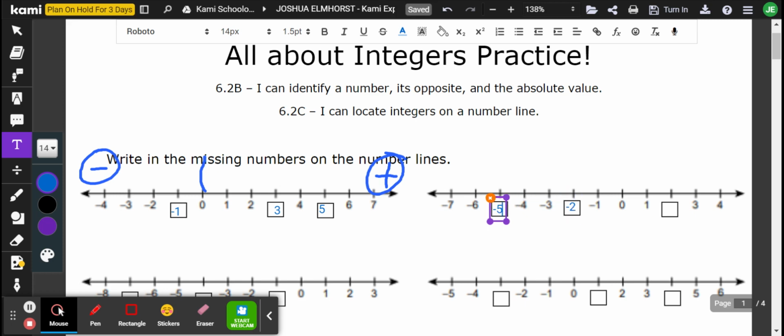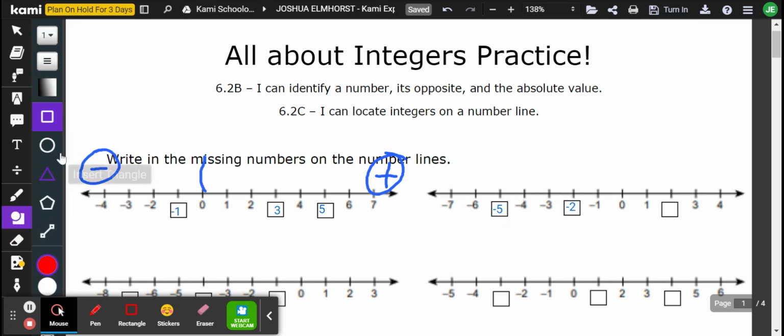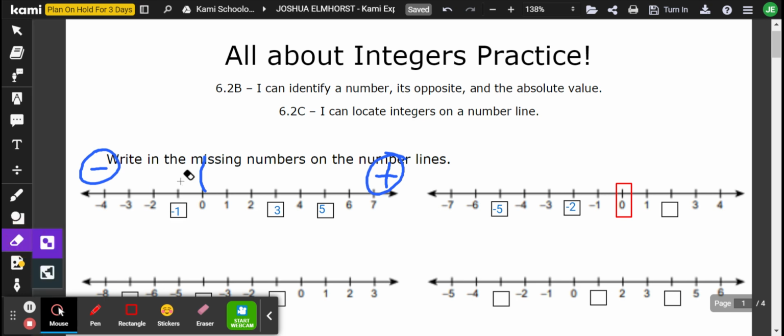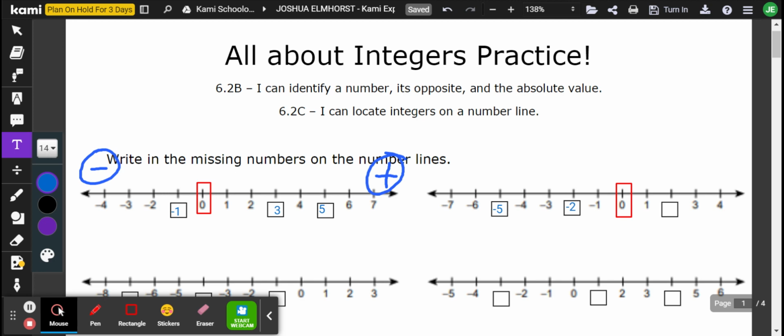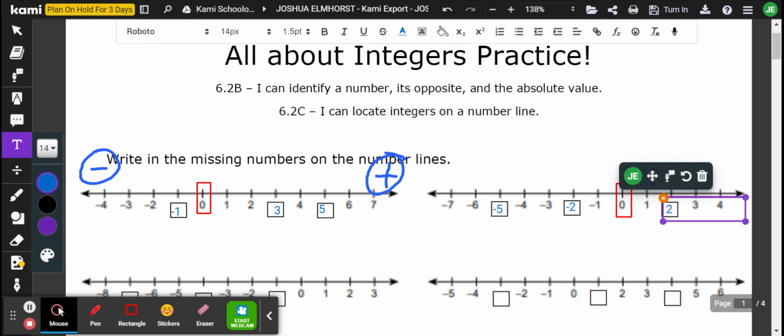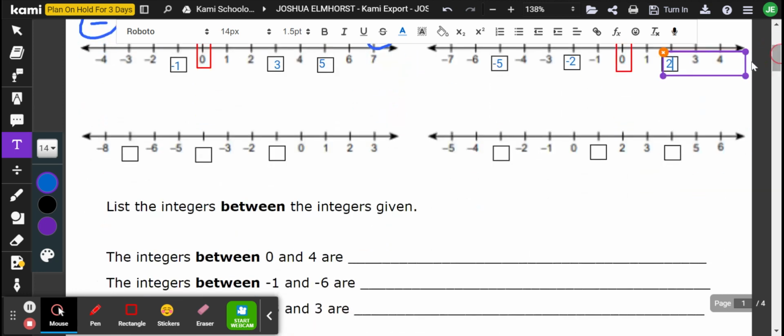Going back to 0, let's try a box just to help us identify. We're going to focus on this point right here. Starting at 0. Going to the right is going to be positive. So I'm going to go 2 steps to the right, and that's going to be +2.